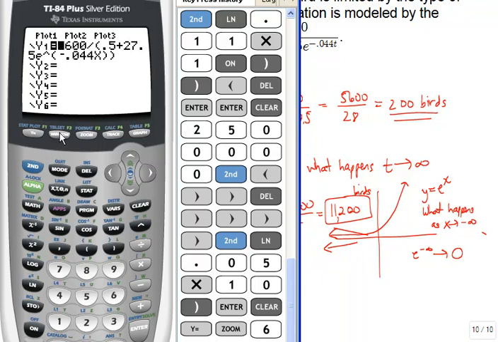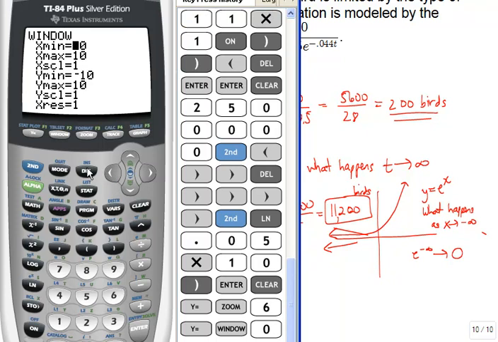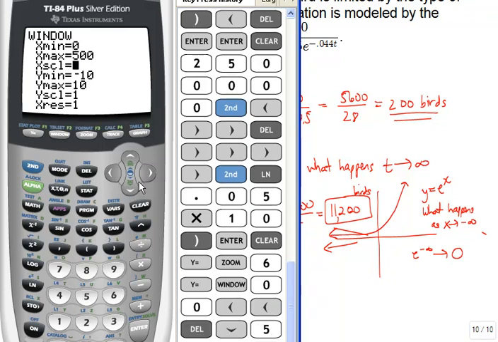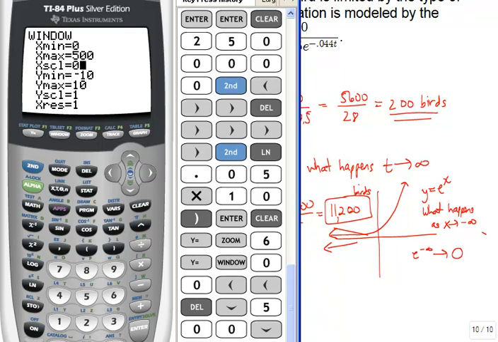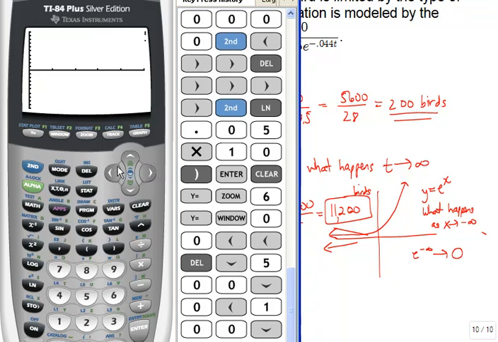So let's adjust our window. I'm going to let x go fairly large so we can see the long run. Remember, we were looking at t going to infinity. So let's let our x's get fairly large as well. And we only need to consider positive time. So I'm going to let my x min be 0. And I'm going to let my x max be, let's just say 500. And I'll let my x scale be 100. And for my y's, whoops, it jumped on me.